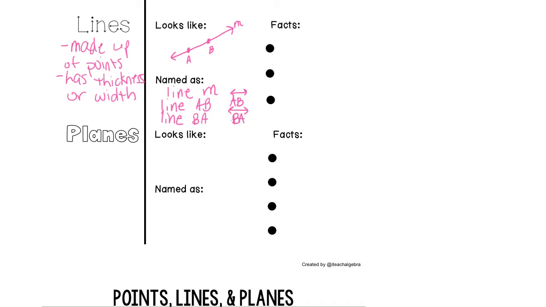Facts about lines. It's made up of points, like we said before. My handwriting is really terrible with this. I apologize. So it has no thickness. Also, there is only one line.